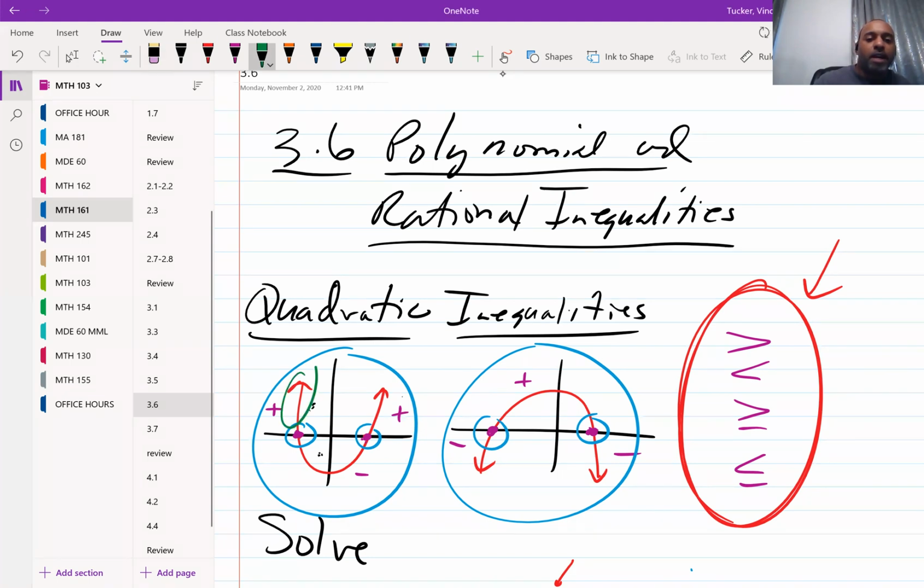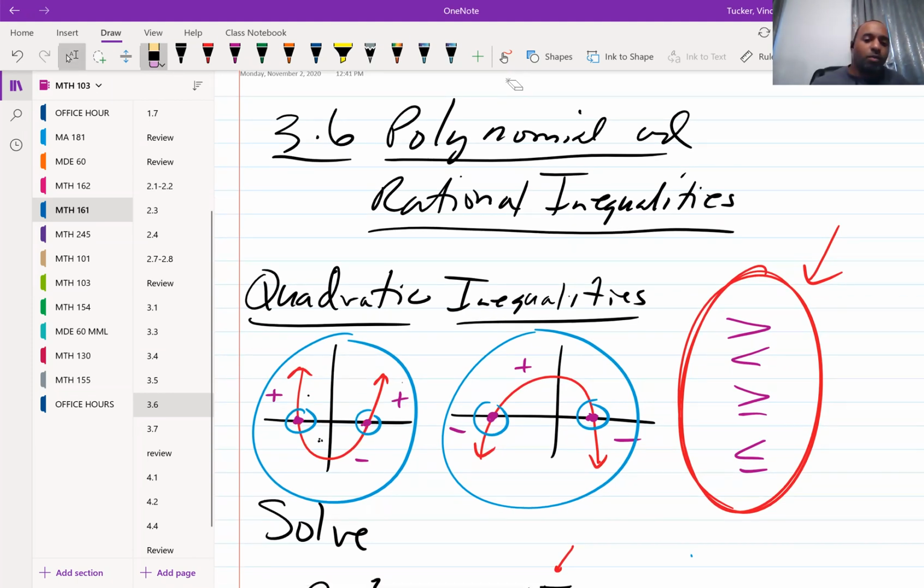You get positive values here and then negative values down here. But here it's negative, positive, negative. So they alternate. And notice what dictates when it alternates: those points on the x-axis.